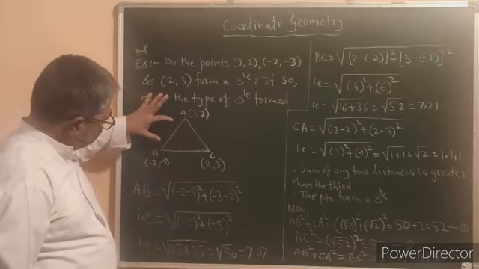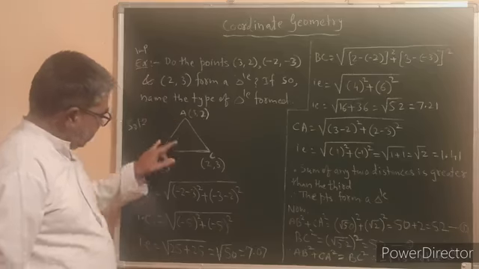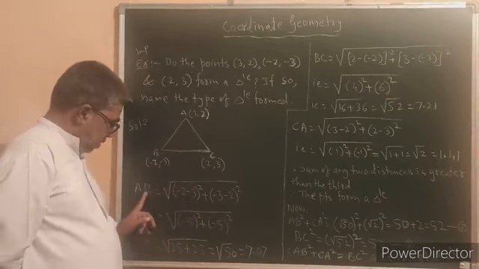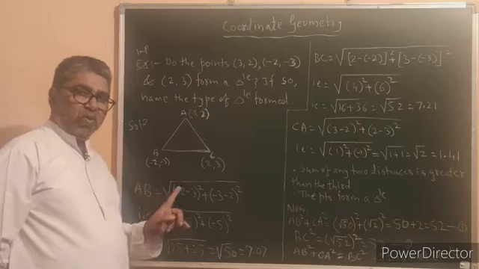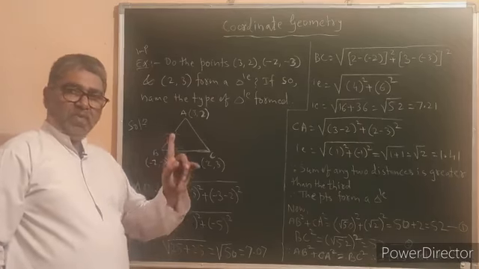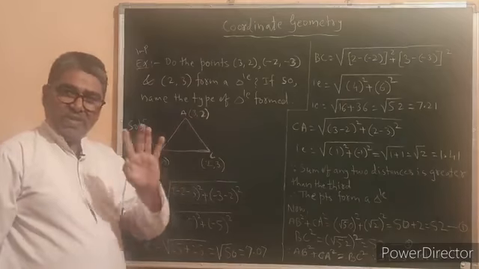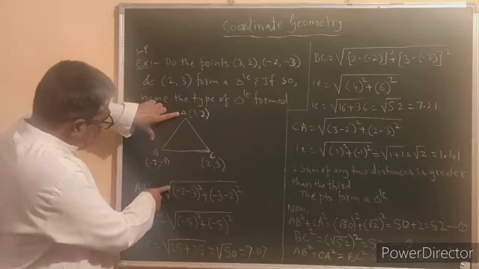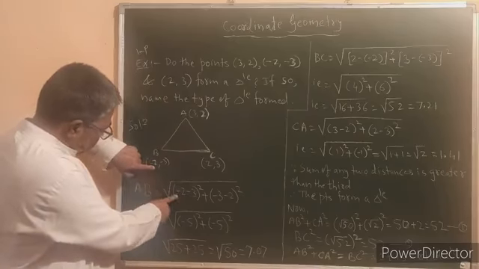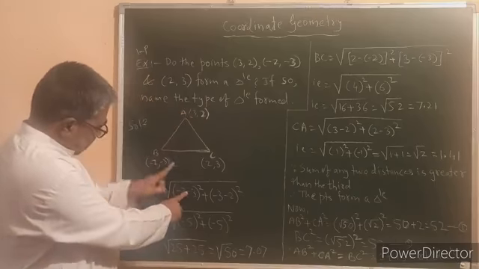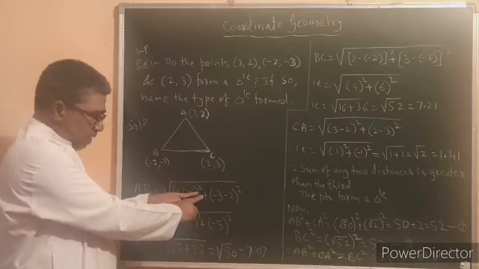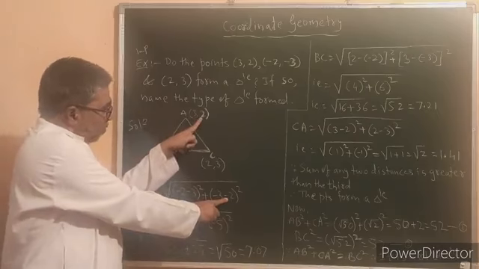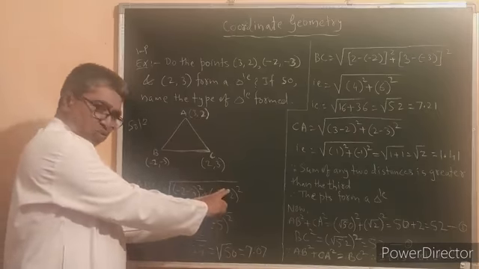Now let us find the distance between AB, BC and CA separately. Okay, now AB is equal to square root of (x2 minus x1) whole square plus (y2 minus y1) whole square, is the formula. So here AB is equal to square root of (x2 is minus 2, minus x1 is 3, so minus 2 minus 3) whole square plus (y2 is minus 3 minus y1 is 2, so minus 3 minus 2) whole square.